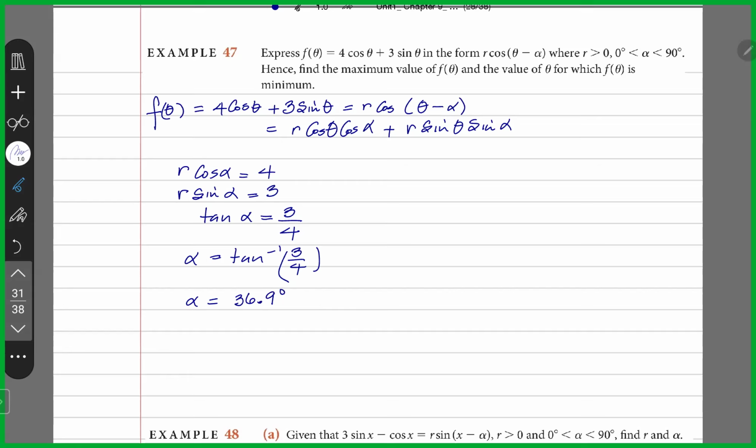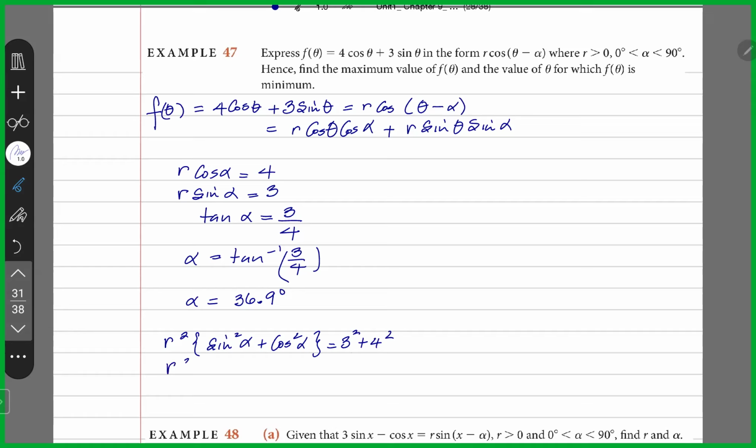So now I know what alpha is. I can now try to find r. We know that r squared sine squared alpha plus cos squared alpha is equal to 3 squared plus 4 squared.